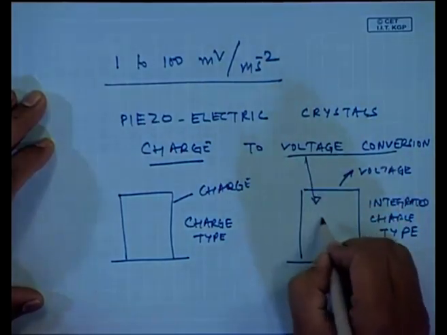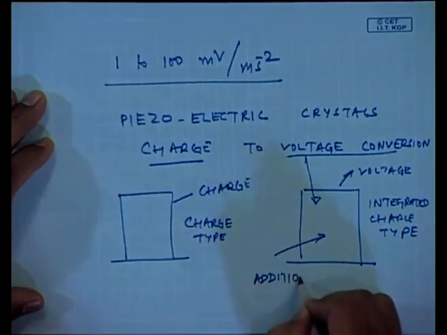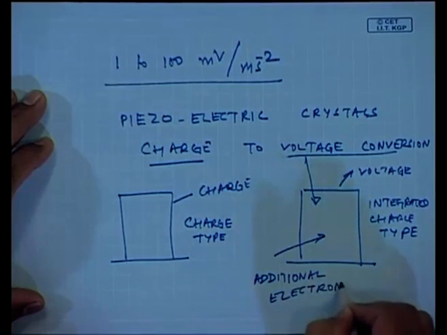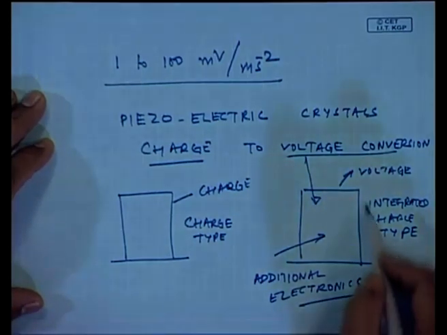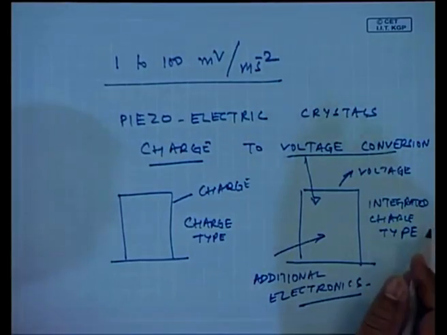So, there is an additional electronics built into this kind of accelerometers, because straight away I am getting a voltage. Now, this additional electronics are basically IC chips.